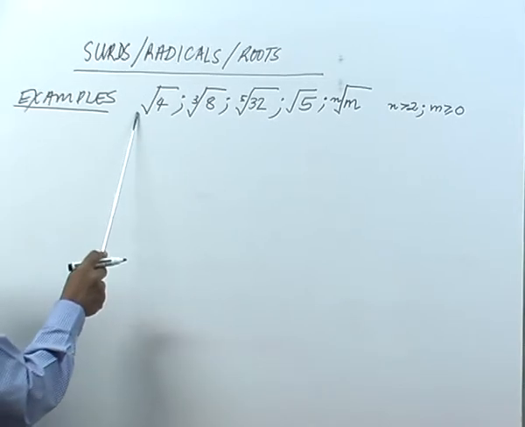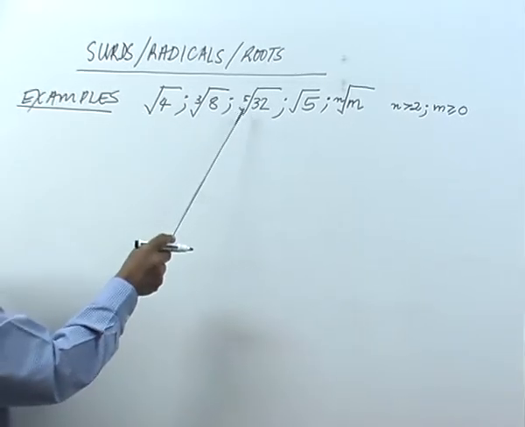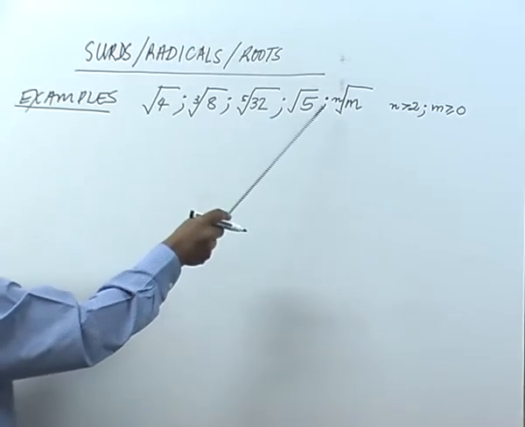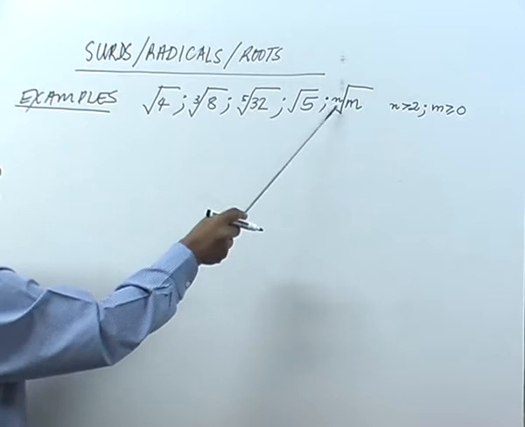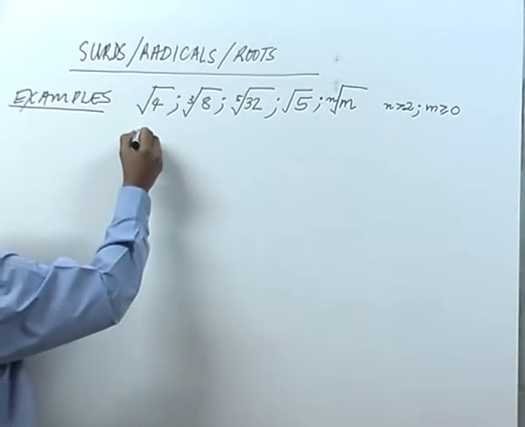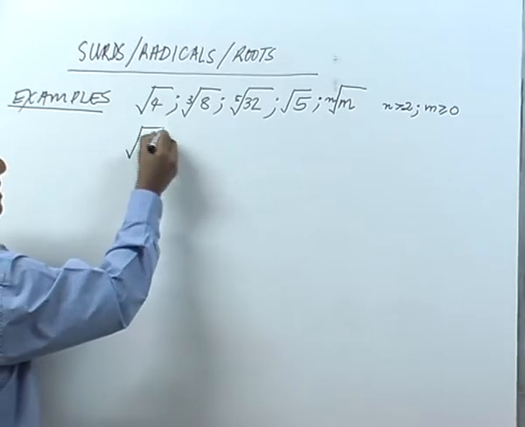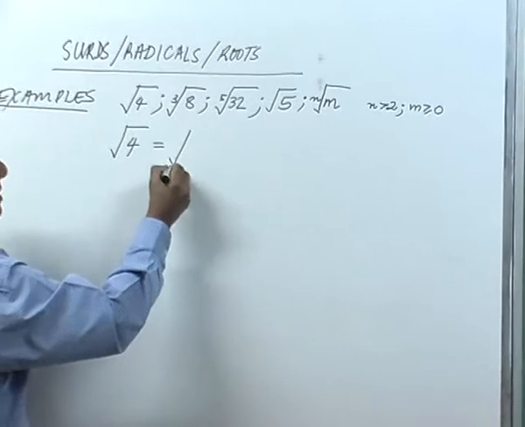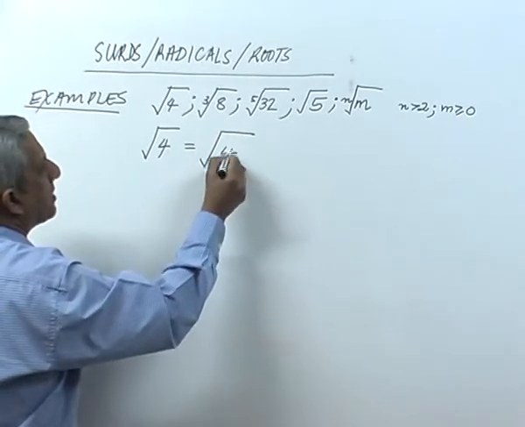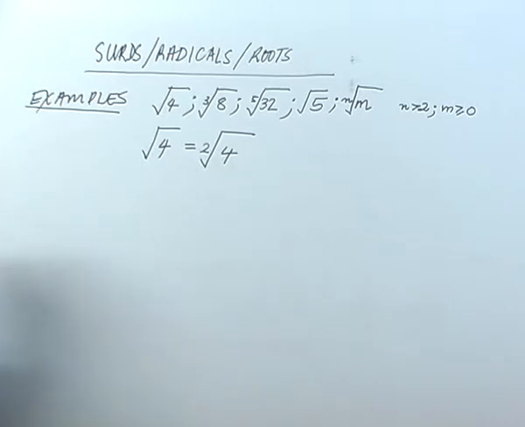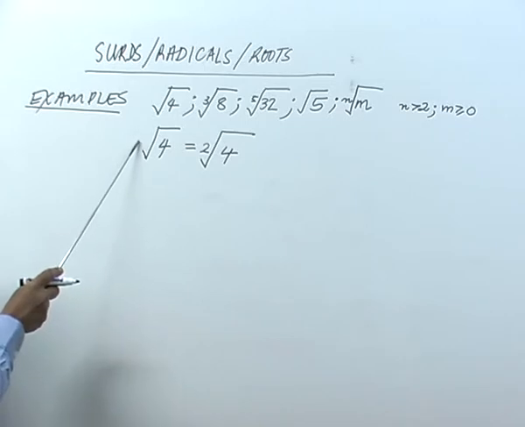It can be square root, can be cube root, can be fifth root, it can be any root. Well, in this case, it's also square root, and sometimes we replace the numbers by letters. Now, it's very important to understand also that if I take a thing like square root of 4, then really there's a 2 that is understood here. Understood means this 2 is here, but it's not written.